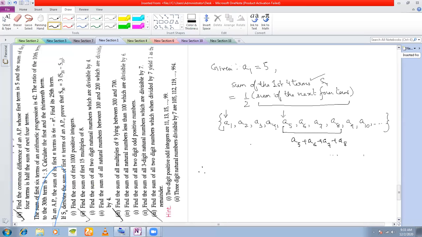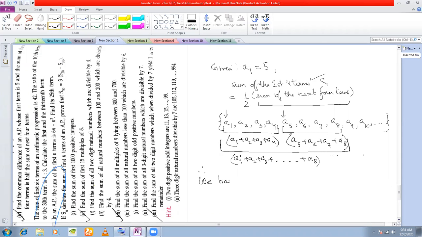If I take the sum of the first eight terms, A1 plus A2 plus A3 up till A8, and subtract the sum of the first four terms, A1 plus A2 plus A3 plus A4, will I get the sum of the next four terms?